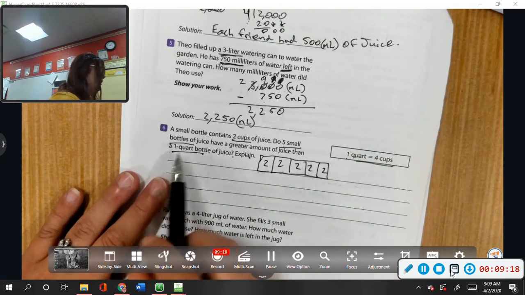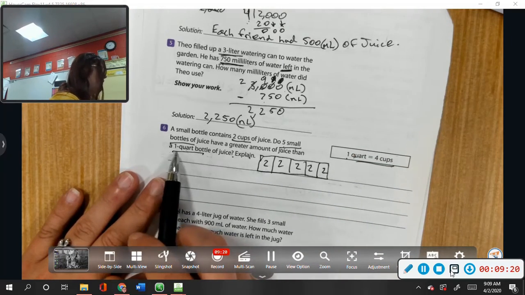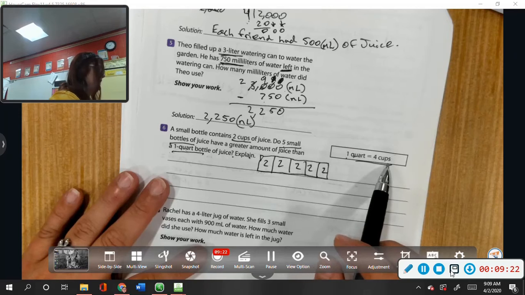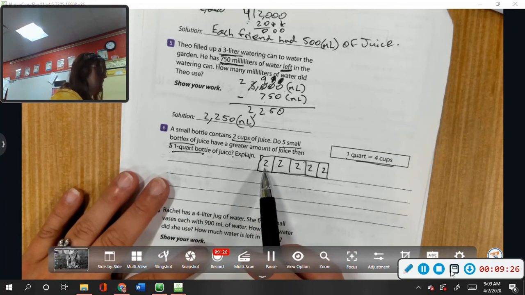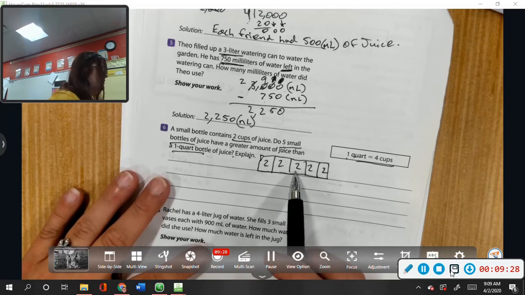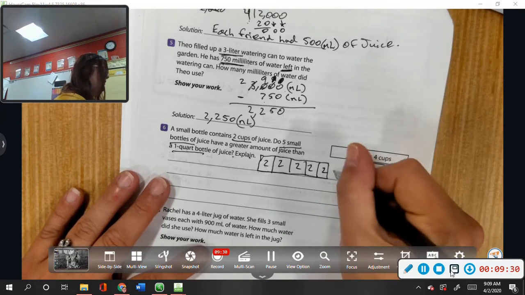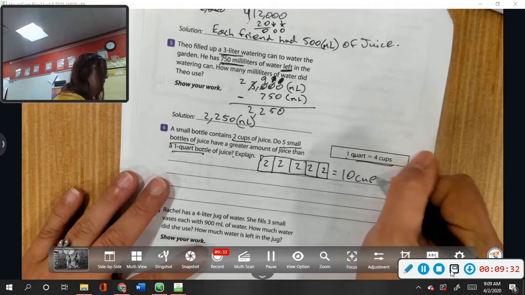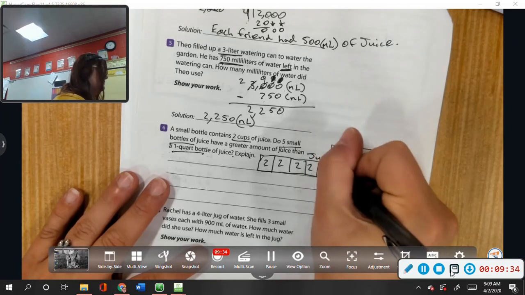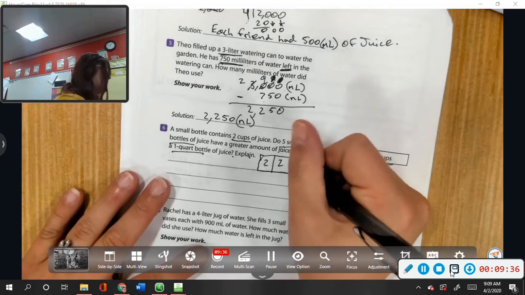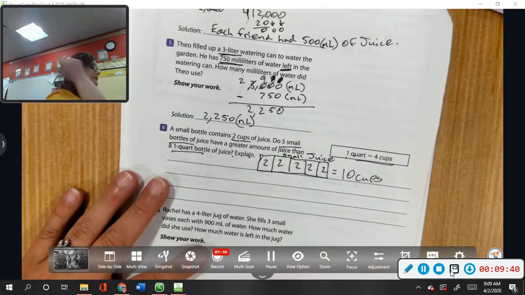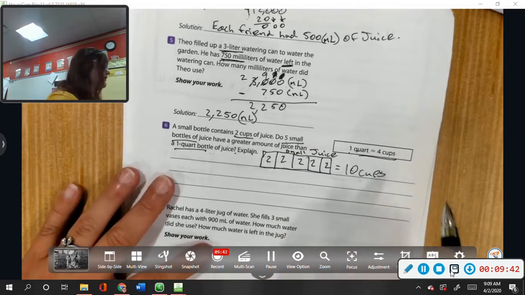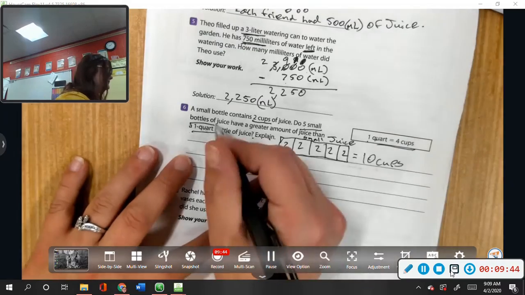Okay. If a 1 quart bottle has 4 cups in it, if we have 5 small bottles of juice, we can skip count, 2, 4, 6, 8, 10 equals 10 cups. And this is the juice. Small bottles. Small juice. There we go. Always try and label, that way you don't get confused with what you had just done.